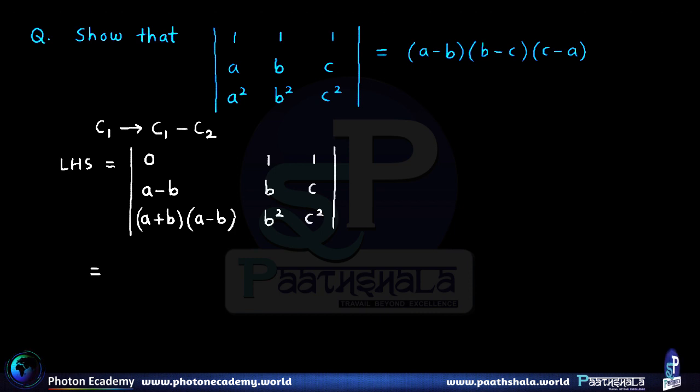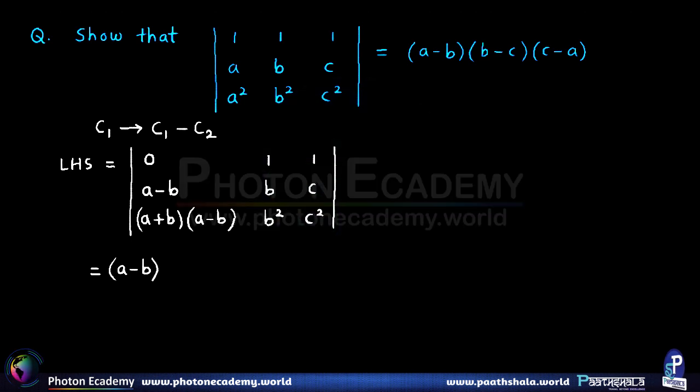Now we can take A minus B common from the first column, so that we have A minus B. Now what remains in the first column is 0, 1 and A plus B. And we have the remaining columns as they are.